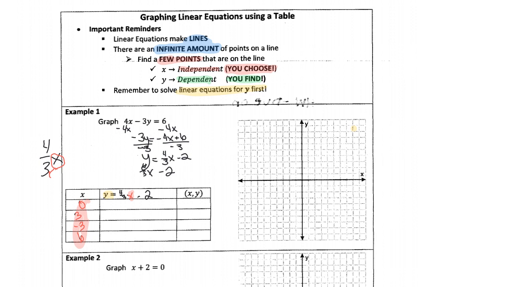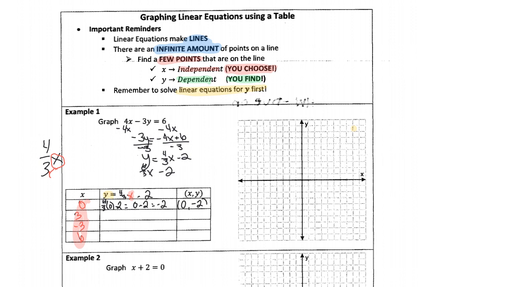So I'm going to have 4/3, and you can put this in the little box if you have room, 4/3 times 0 minus 2. 4/3 times 0 is 0, and then 0 minus 2 is -2. So my ordered pair is (0, -2).